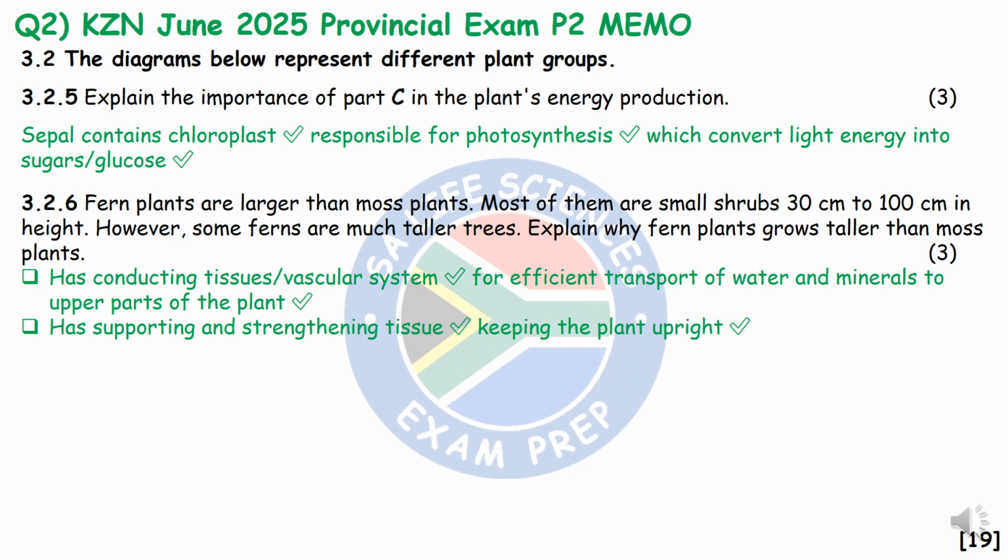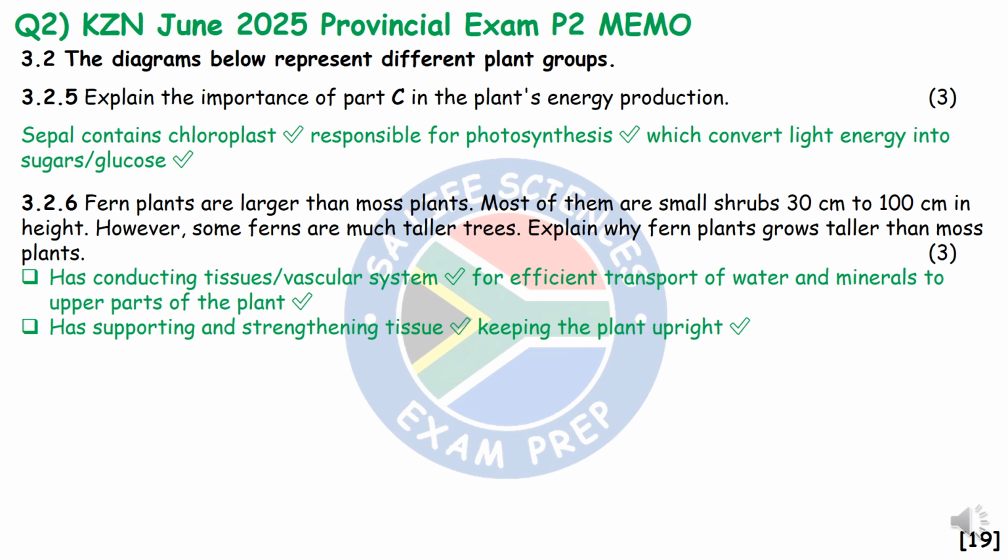So, point number 1, we have to say that ferns have vascular tissue or conducting tissue. This means that the xylem is able to transport water, and the phloem is able to transport food to the upper part of the plant. This means that the plant can grow much taller because it has a better transporting system.